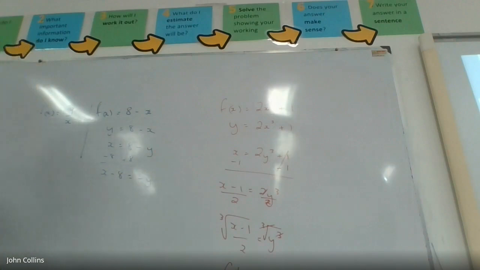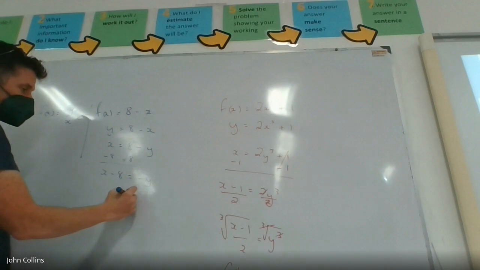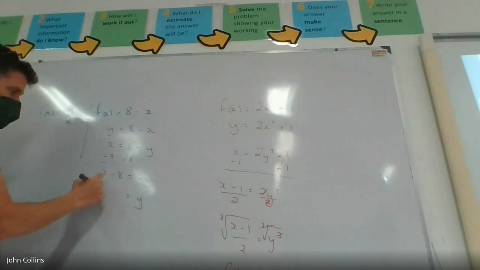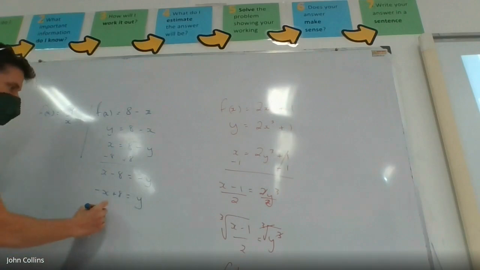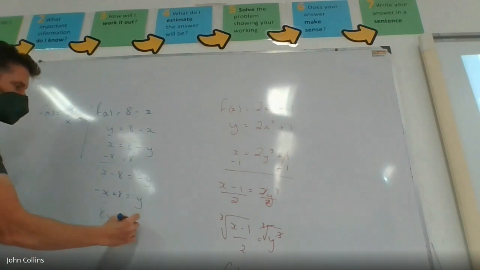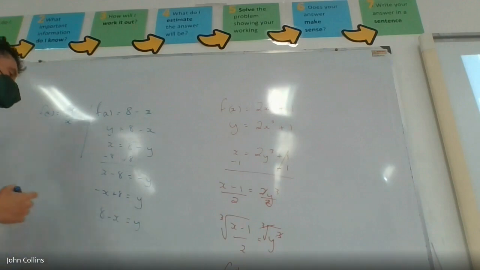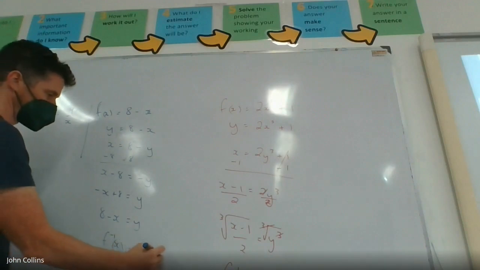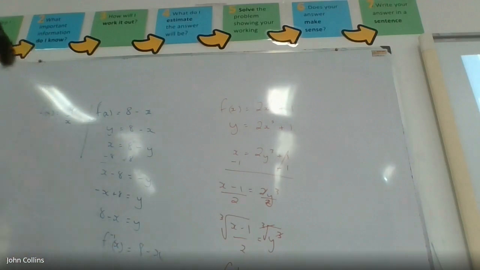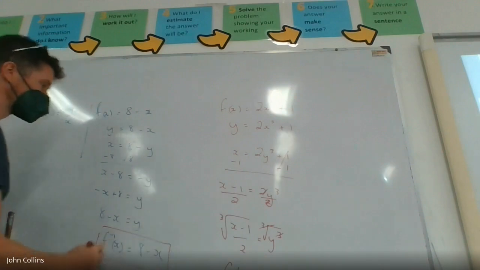I don't want minus y, I want positive y, so everything needs to change signs. y is equal to negative x plus 8, which I can write as 8 minus x as well. And then the final line: f inverse is equal to 8 minus x. Now, maybe you notice that that is the inverse of that.